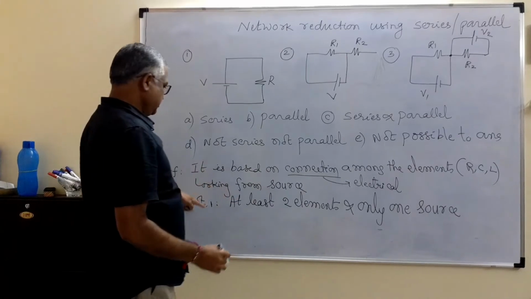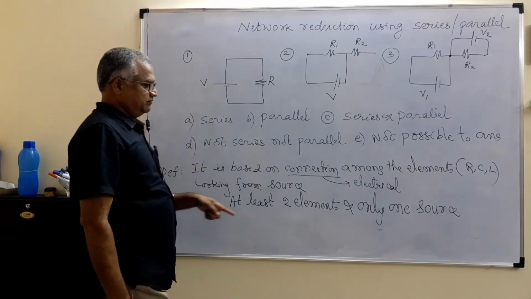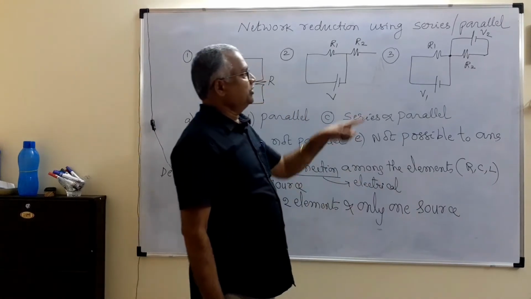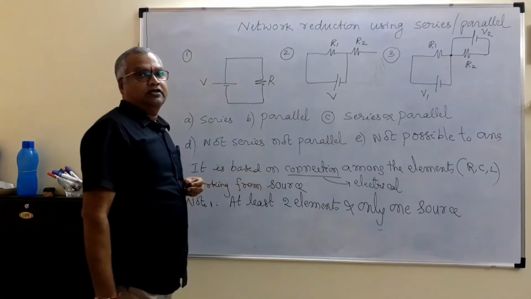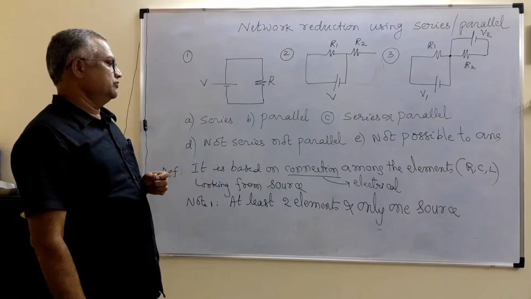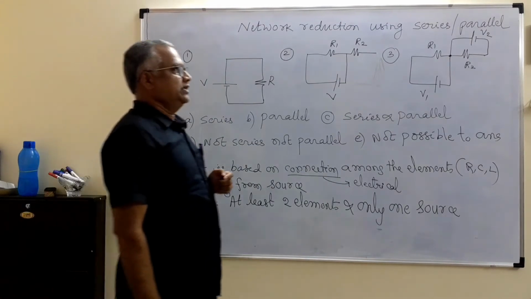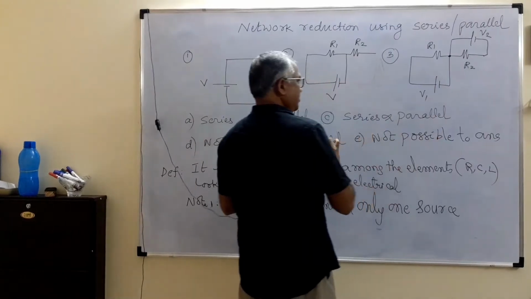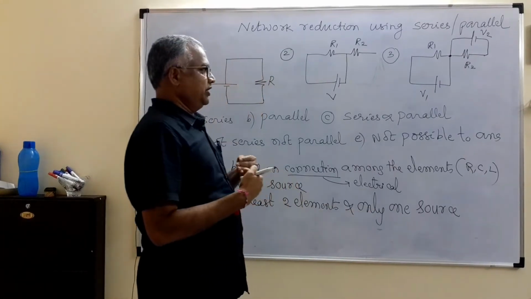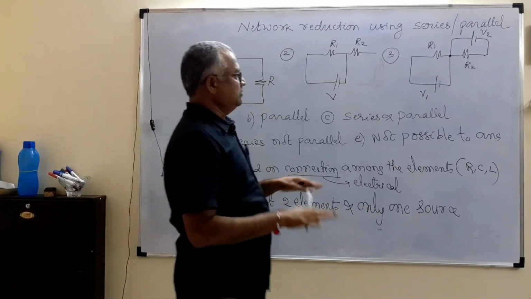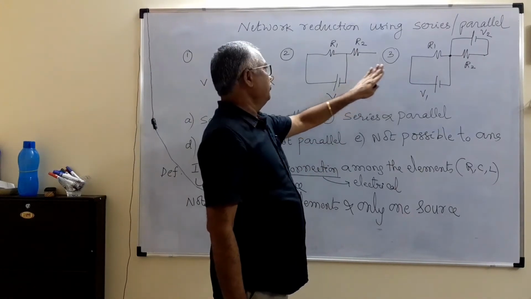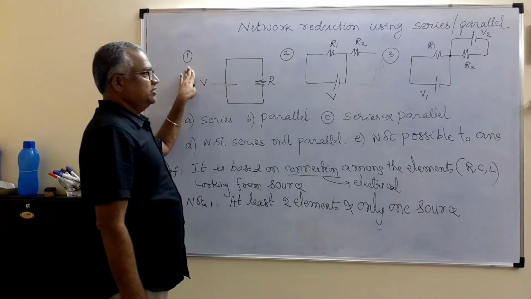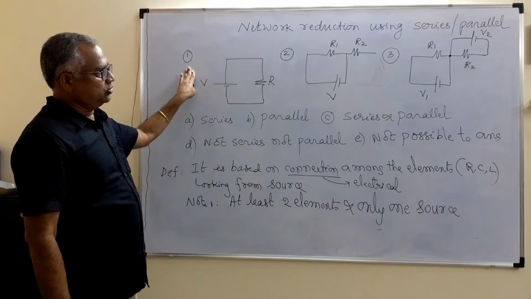So again apply the definition, which is universally valid. What is the statement given? Only one source should be there, but how many sources are there? Two sources, V1 and V2. Therefore don't think of series or parallel. R1 and R2 are not connected in series or in parallel. We cannot apply the definition of series and parallel in this case also.